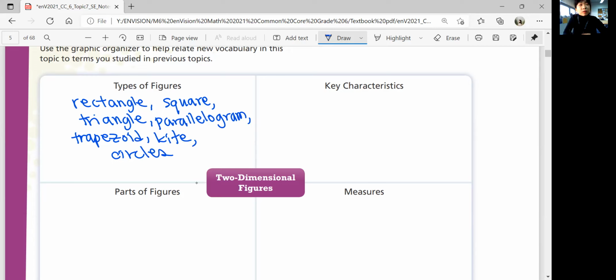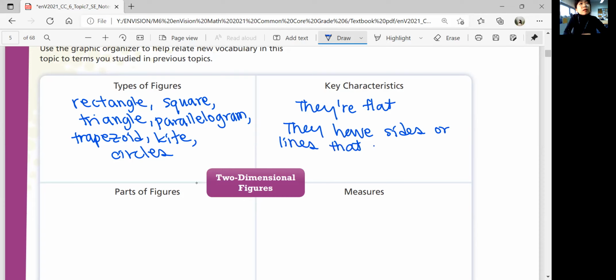What are the key characteristics? What do they have in common? They're flat. Okay. Or what else? They have sides or lines that enclose them.